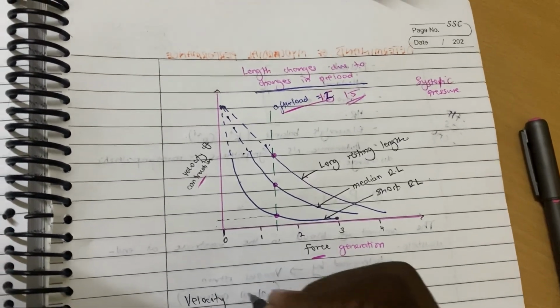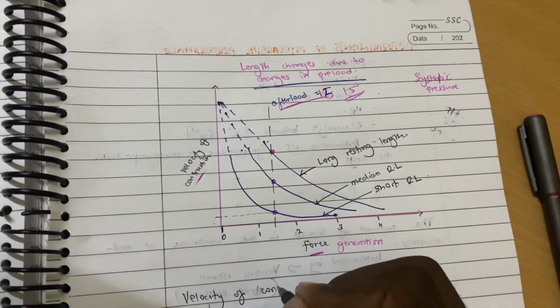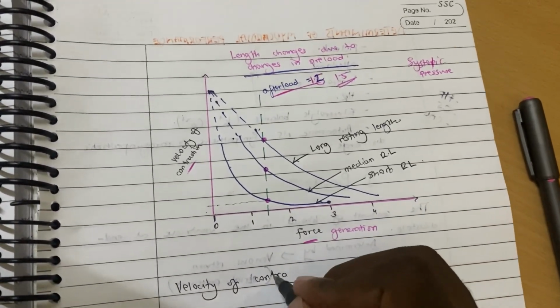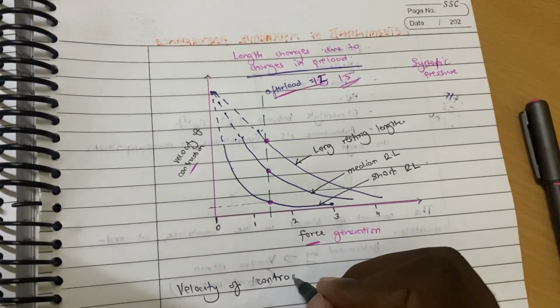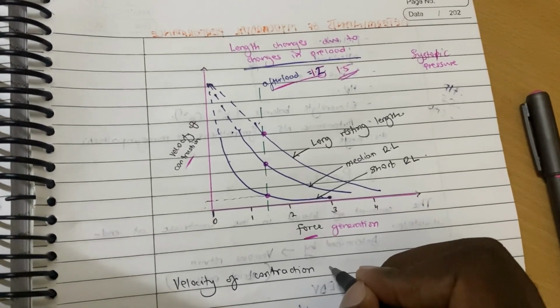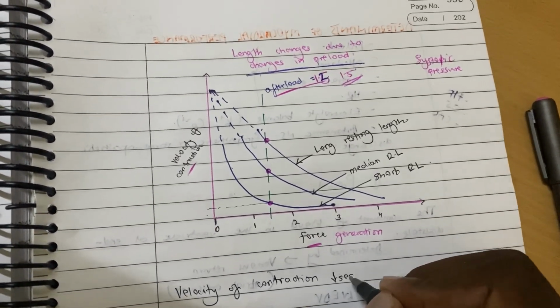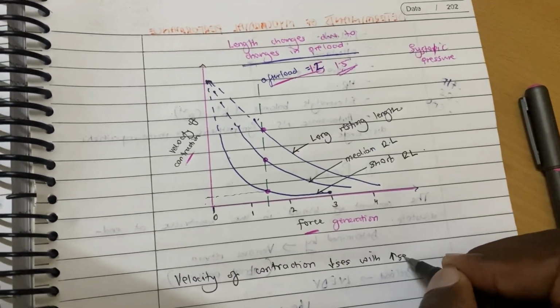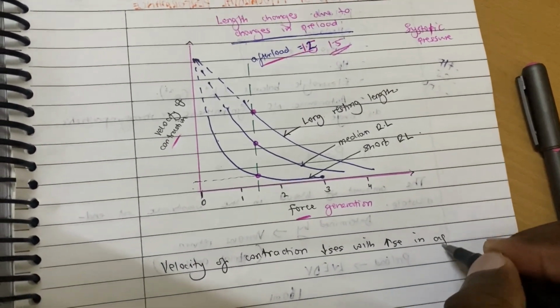Velocity of contraction, this is general physiology, decreases with an increase in afterload.